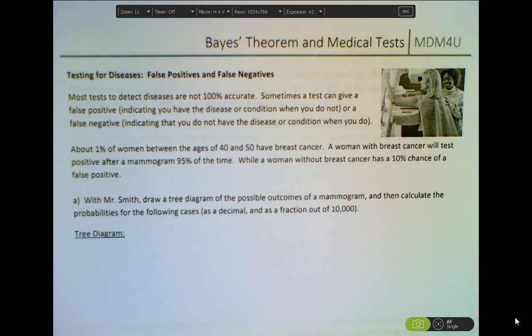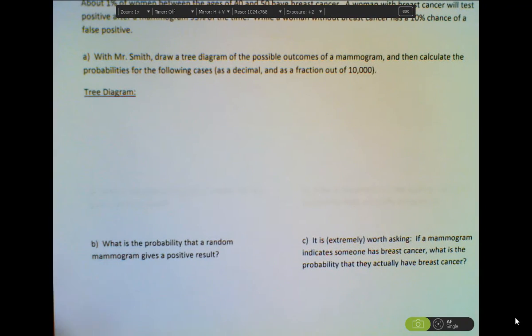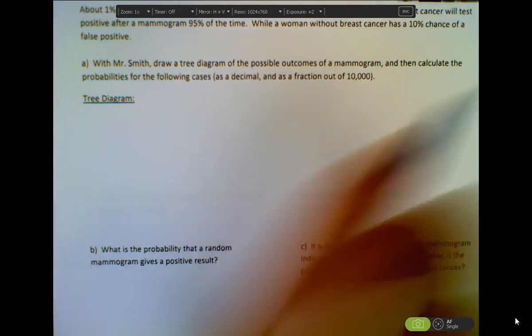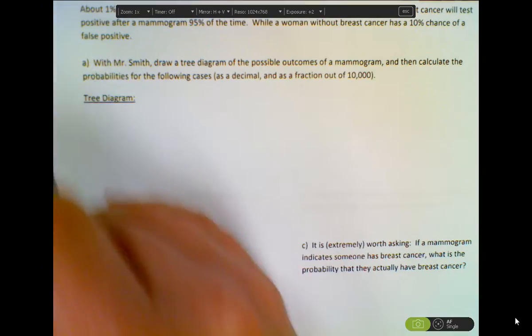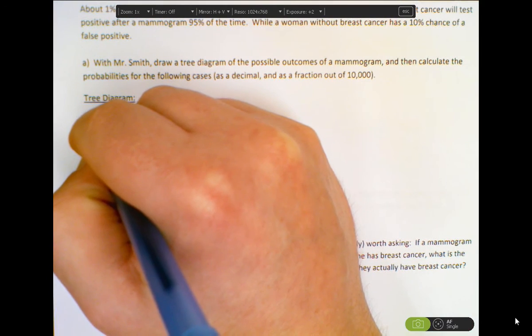So we're going to draw a diagram showing all the possible outcomes and the probabilities too. We're going to calculate some of these probabilities as decimals and also as fractions out of 10,000, and I'll show you why that can be helpful in a few moments. So let's draw a little tree diagram here. In the first slide, I'm going to draw my tree diagram moving left to right.